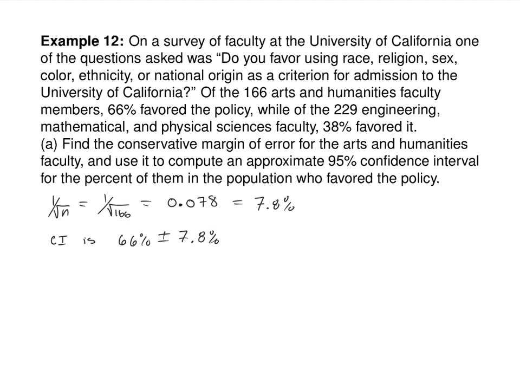So you do 66 minus 7.8, and I got 58.2%. Does that seem reasonable? And then 66 plus 7.8 is 73.8.